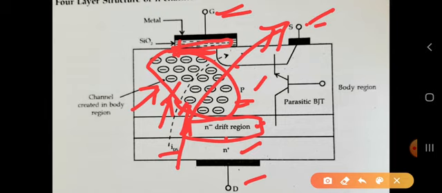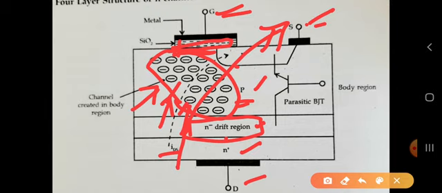One more thing you have to remember is that the thickness of the drift region determines the breakdown voltage of the MOSFET, and because of the drift region the on-state drop of the MOSFET increases.